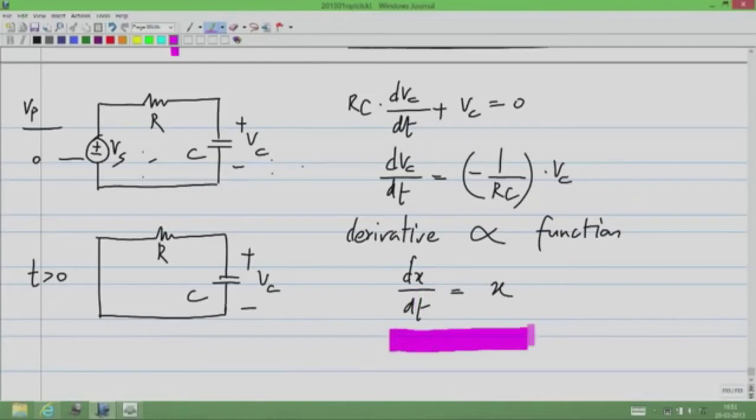Now you know how to differentiate functions. So what is the function that you can recall that has the derivative which is the same function? Please try to answer this. Derivative is proportional to the function or maybe even equal to the function. What is the function that meets this criterion? If you want, you can think of the table of derivatives that you would have studied when you studied calculus.